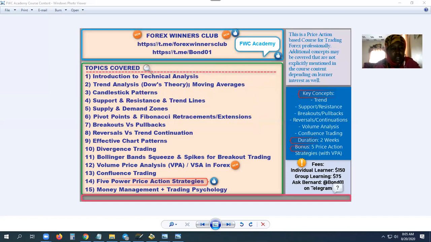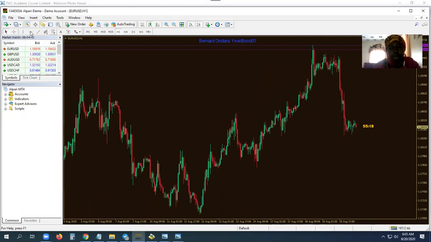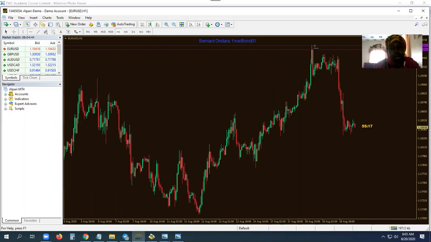Now, as a recap, last time when we were talking about support and resistance, we did mention that resistance is always a level, a zone on your charts, that has resisted the price from going up. Not once, but a few times. This could be resistance because price could not go above that level.